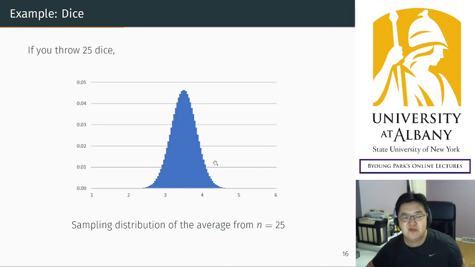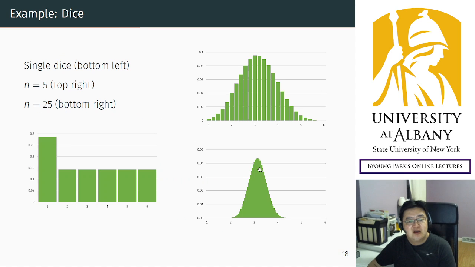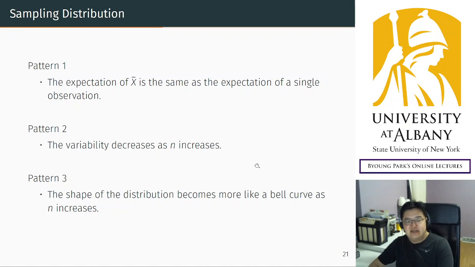It doesn't matter what the first distribution is. In the end, as the sample size increases, it will be a bell curve. That is very interesting. These 3 are very interesting results, and each of these patterns becomes one theorem, one law in statistics.